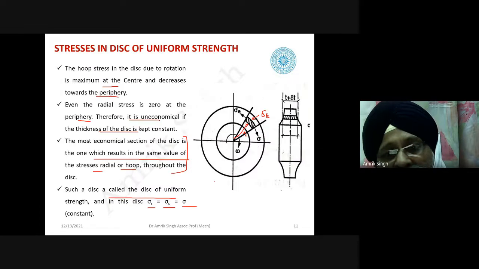You can mark it here. BC is given. So this is the outward radial force: sigma r into (r plus dr) into d theta. So this will become the thickness, and this will be the width, and this the thickness. So this becomes the area. Sigma into this gives the force, because stress into area is the force.